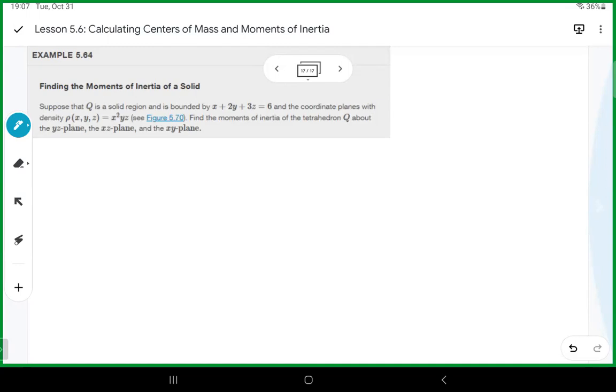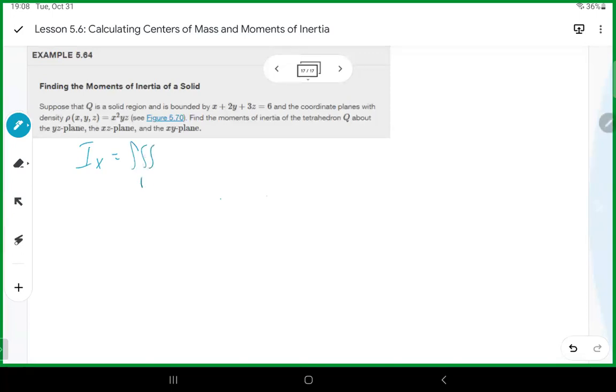Once again, we can almost immediately write the limits of the integration, and hence we can quickly proceed to evaluating the moments of inertia using the formula stated before. So we have I sub x. You should be able to figure out the formula, so I'm just going straight into it.